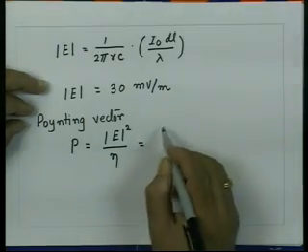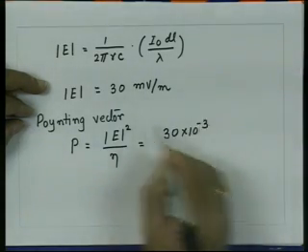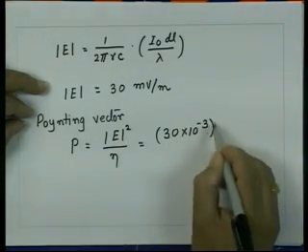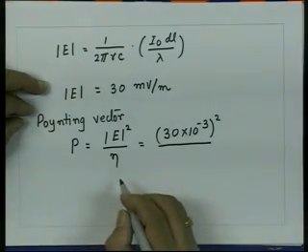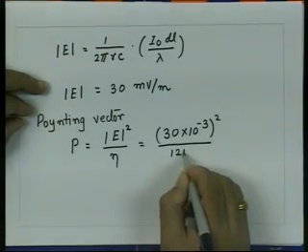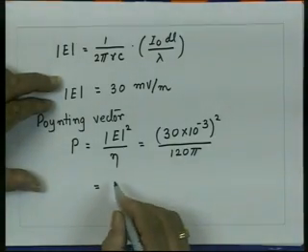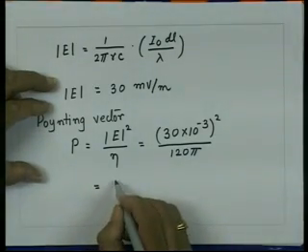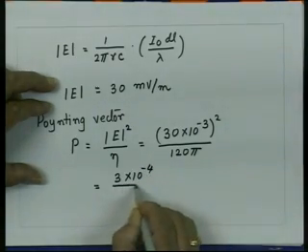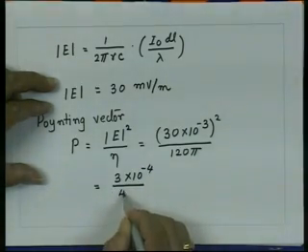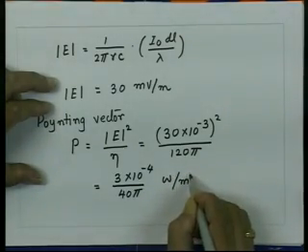So, that is equal to 30 into 10 to the power minus 3 volts square upon eta, which is 120 pi. So, if I simplify this, I get the power density, which is 3 into 10 to the power minus 4 upon 40 pi watts per meter square.